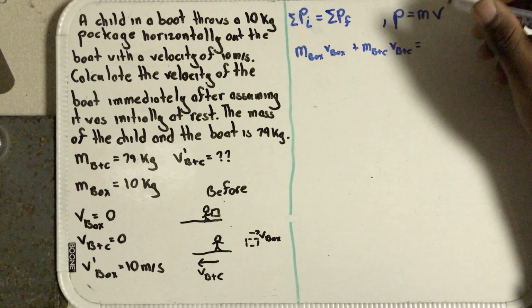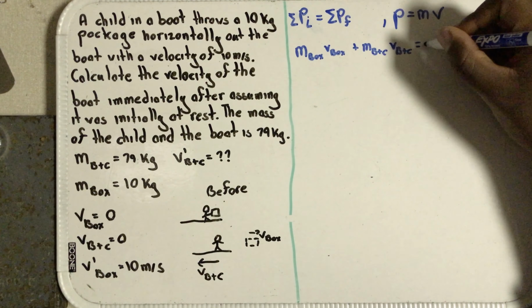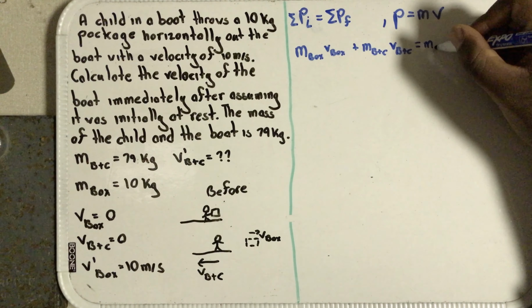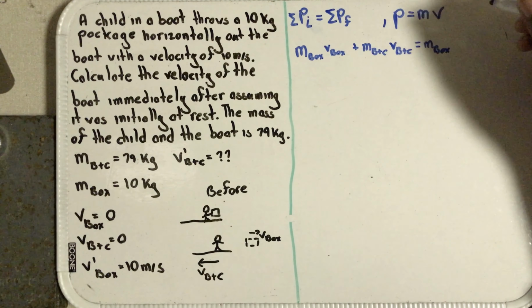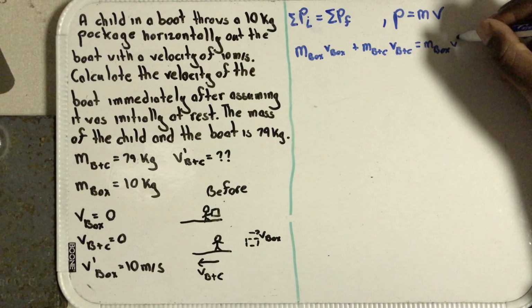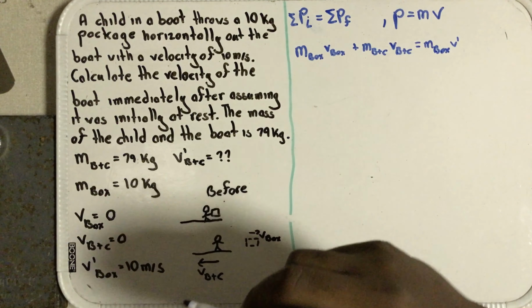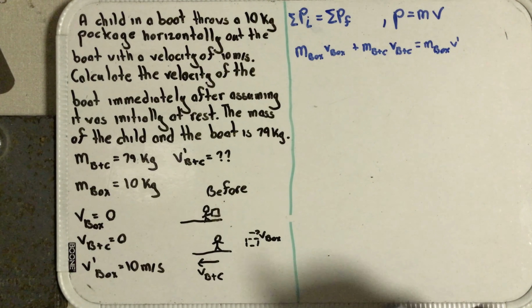And this must be equal to the momentum after, which is the mass of the box, which stays the same, times v prime, which is the final velocity of the box.